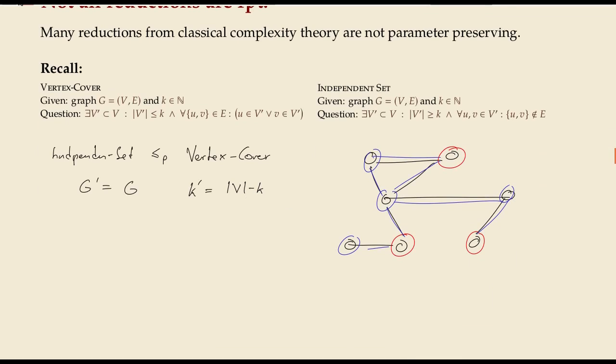So from this we cannot deduce anything about the relation of these two problems. So the parameterized problems, p-independent set and p-vertex cover. From what we've seen here, it's unclear whether this holds or not. So we cannot deduce anything about that because this reduction is not parameter preserving.